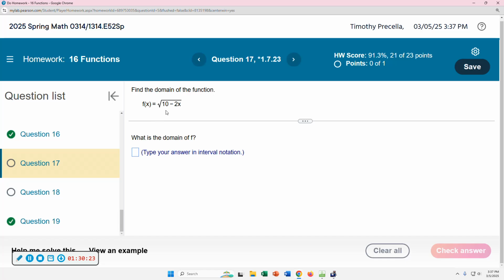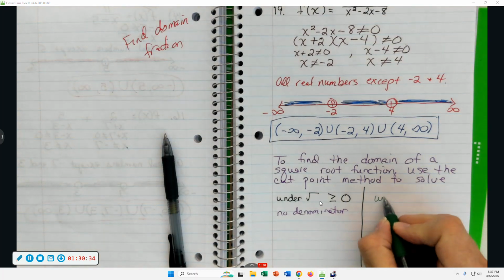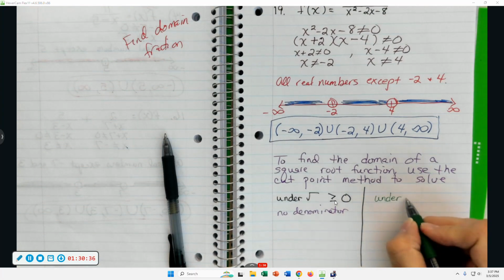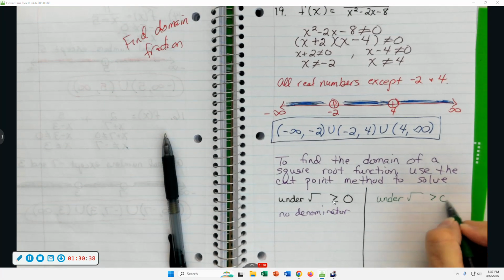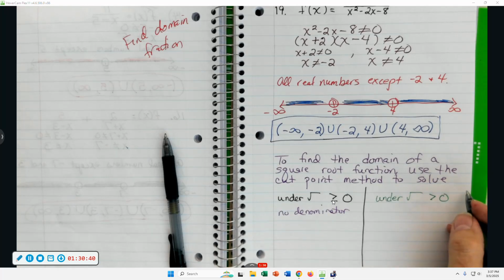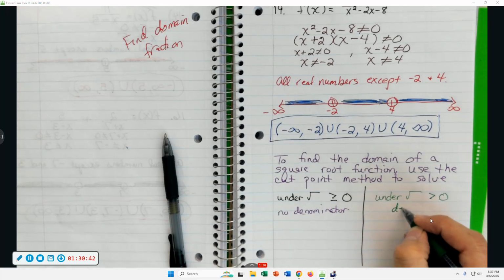And that's going to determine the inequality you set up. If the square root is not in the denominator, then you set the thing under the square root greater than or equal to 0, because it's okay just to have the square root of 0, that's 0.